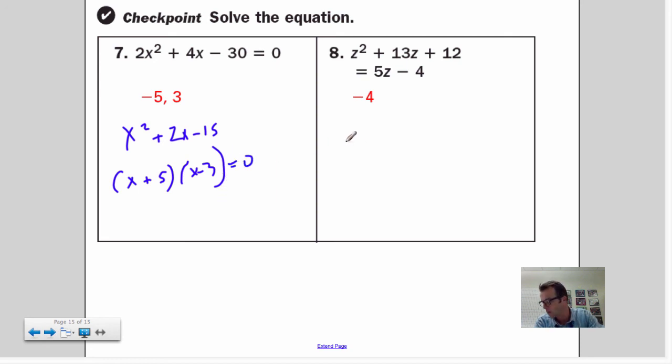And this one went to z squared plus 8z plus 16 equal to 0. And that was a perfect square of z plus 4 quantity squared. And so you only get one answer. That's pretty neat. As a parabola, that means the vertex is lying on the x-axis. Okay, see you tomorrow.